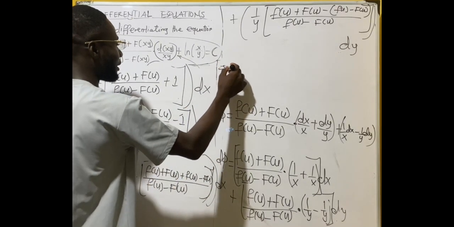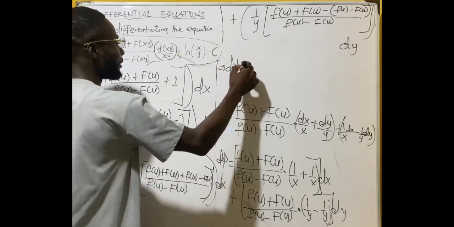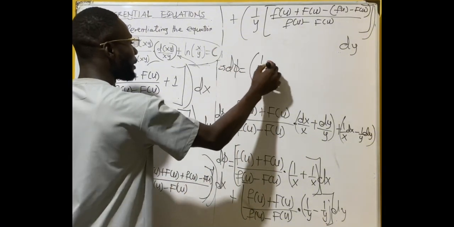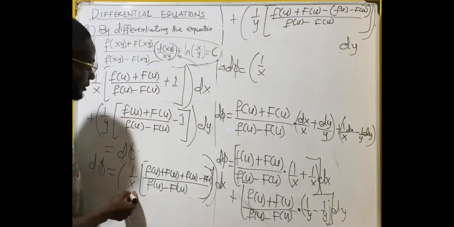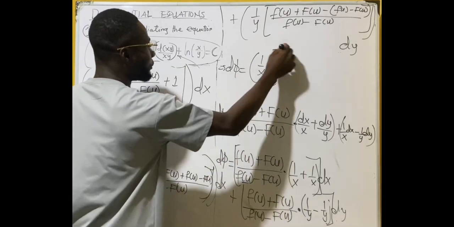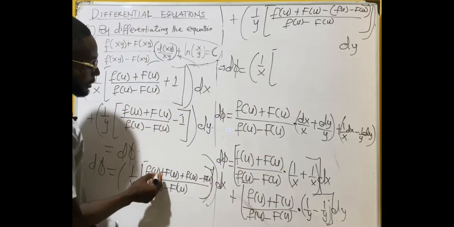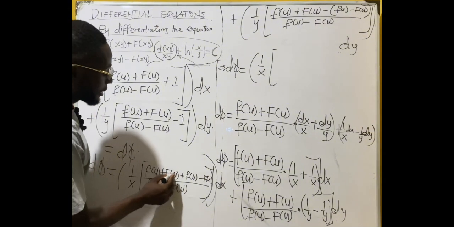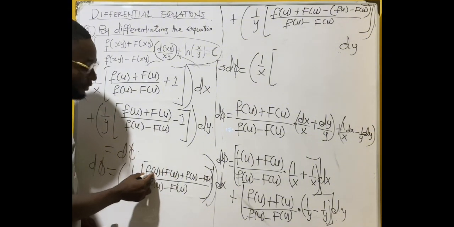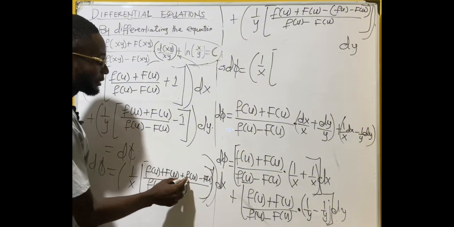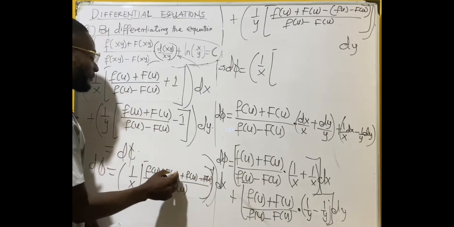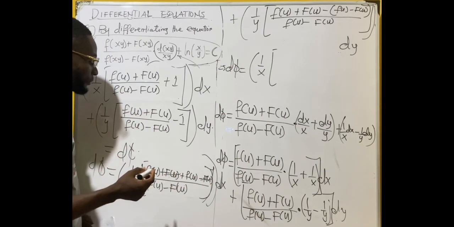So this implies that the total differential of phi will be equal to big brackets 1 on x. Then we open our brackets. When we open the bracket, the small f of u plus big F of u plus small f of u minus big F of u, this will take care of this, so the big F of u goes off.